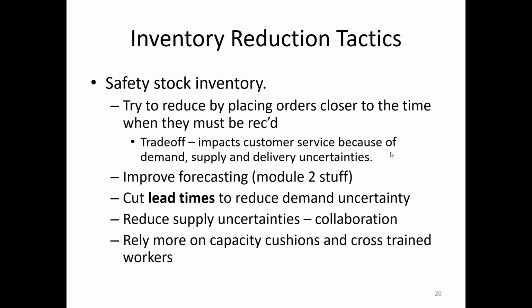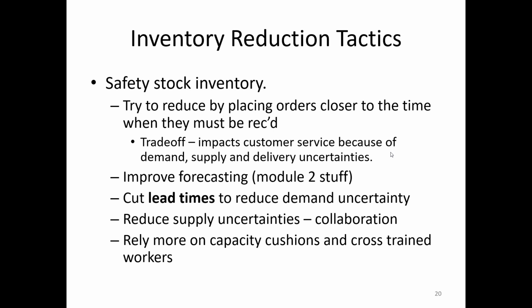Right? So we can kind of see that. Lower lead times reduce the scope for demand uncertainty, because if demand all of a sudden goes up and we have short lead times, we can place an order really quickly, get it in, and deal with that sudden demand very quickly. But if those lead times are long, that's harder for us to do.